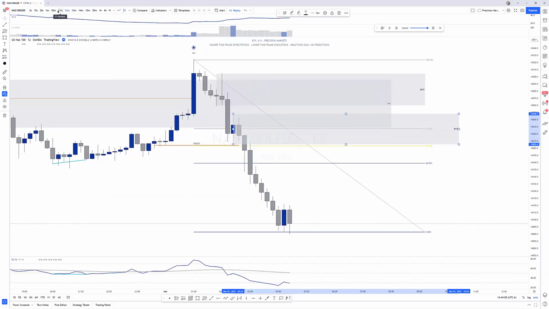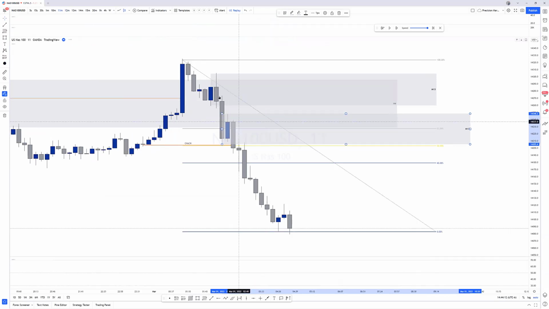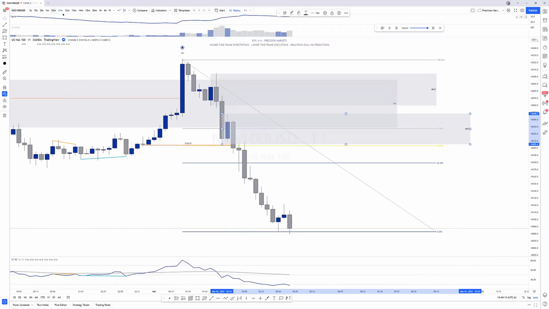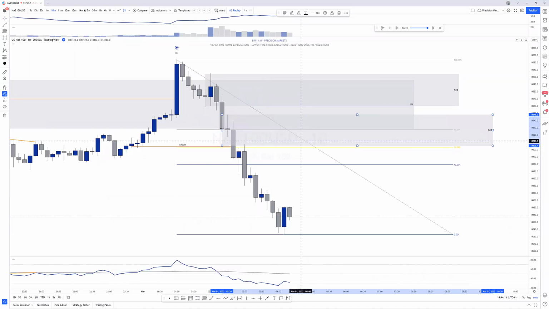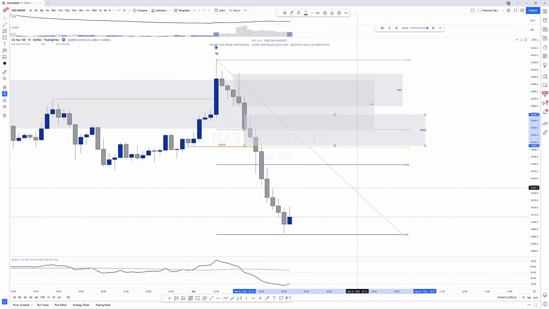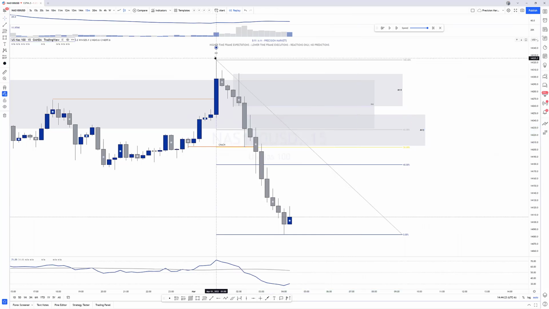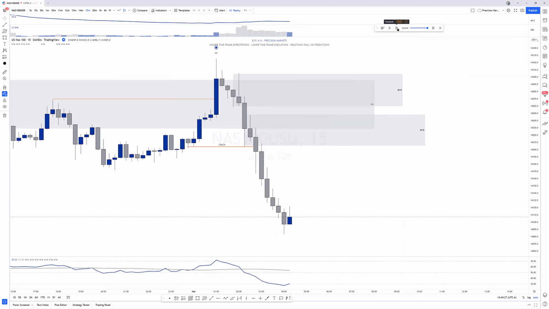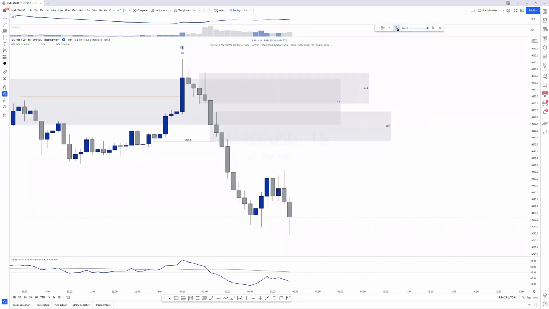I don't see anything really here outside of something that we already covered. Go down to 11-minute. It's about the same that we saw from the 13. Go to 10. Nothing new. So I got my two areas that I'm watching now that I want to see price tap into. So at this point, I want to wait for something to pull back into one of these two areas. So I'm going to speed up really quick.